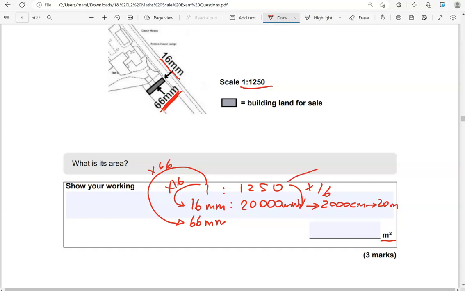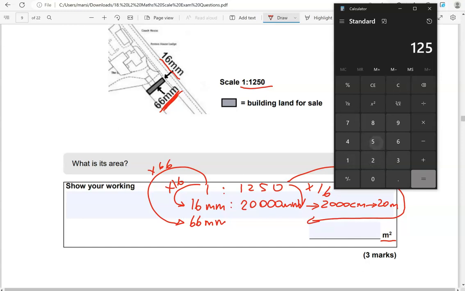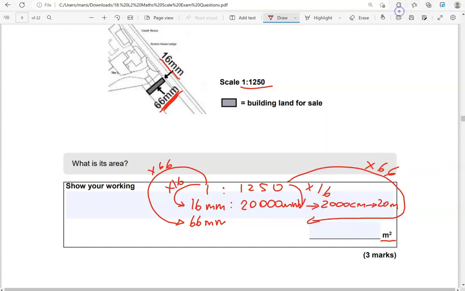So we'll do the same here. 1250 times 66 gives us 82,500 millimeters again, which is 8,250 centimeters, and that is 82.5 meters.